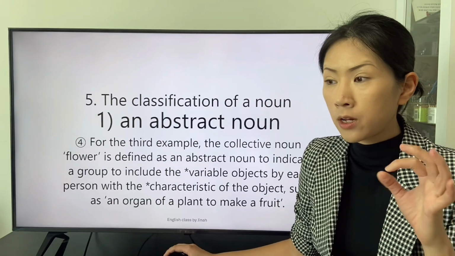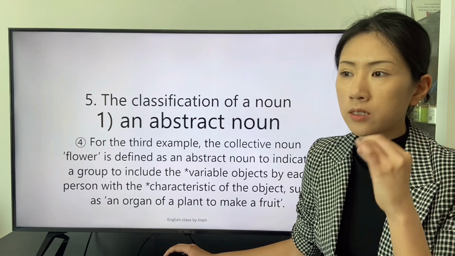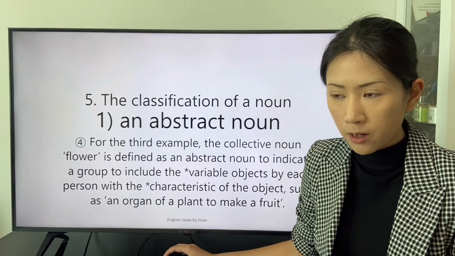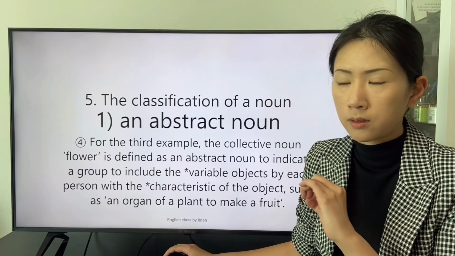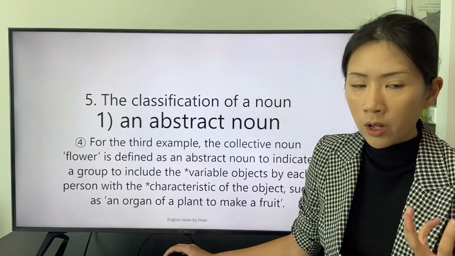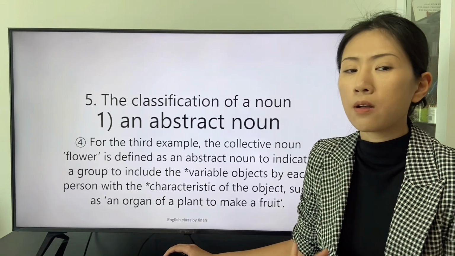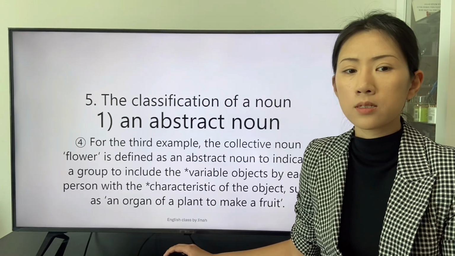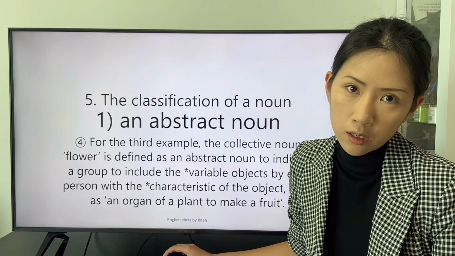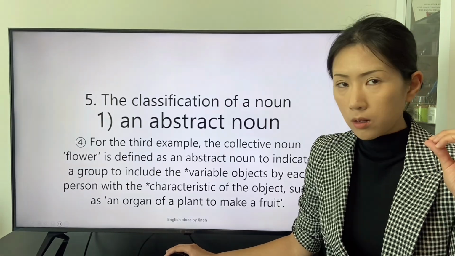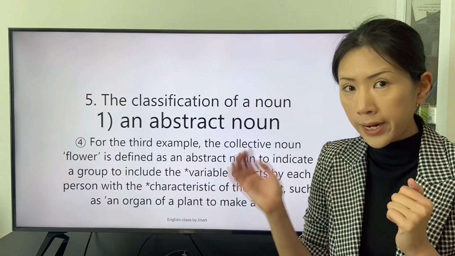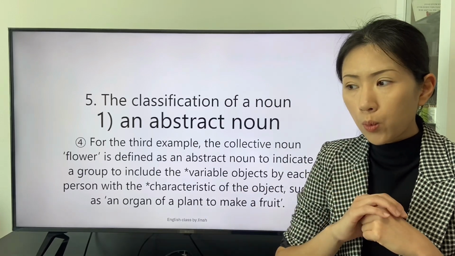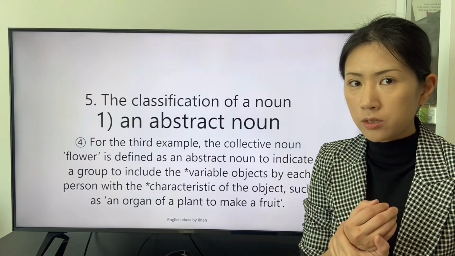The collective noun to indicate a characteristic of a group of objects, like an organ of a plant to make a fruit, is metaphysical. And then people in the linguistic group define what the flower is with their own definitions.